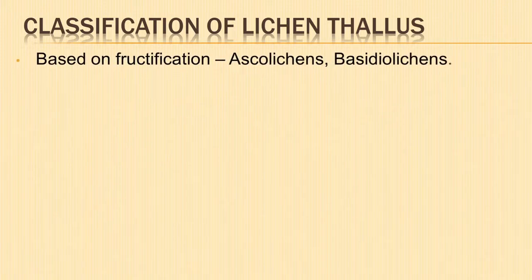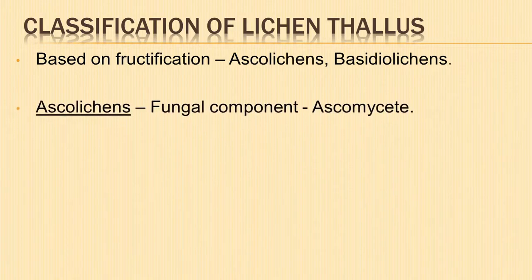Based on the kind of fructification of the fungal partner, the lichens are divided into different groups, namely ascolichens and basidiolichens. In ascolichens, the fungal component is an ascomycete.